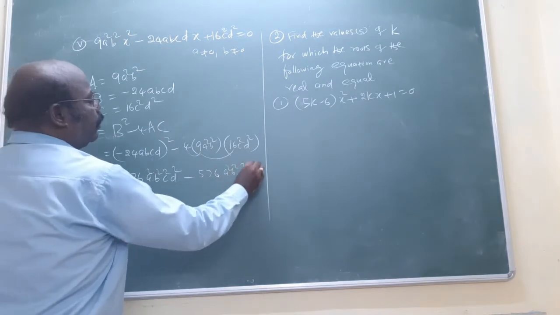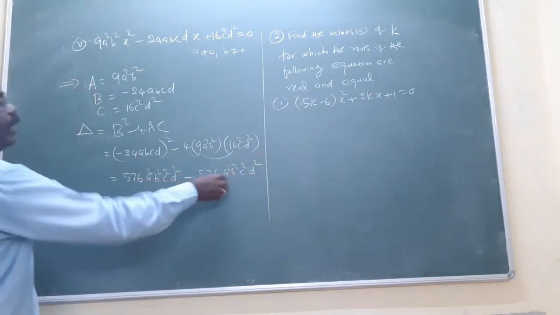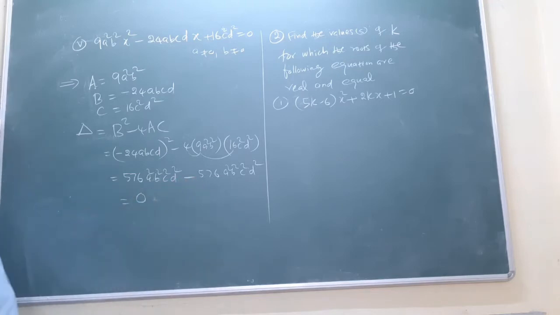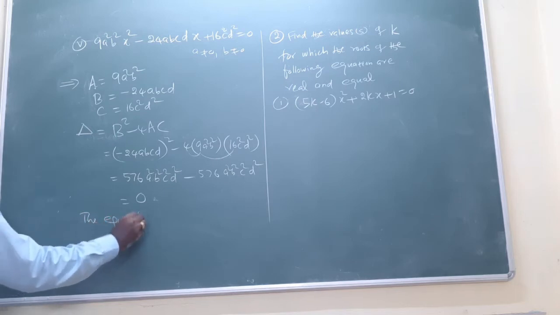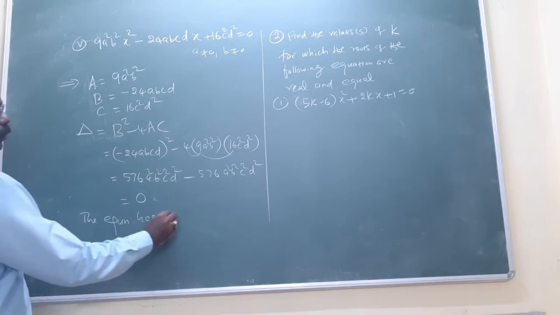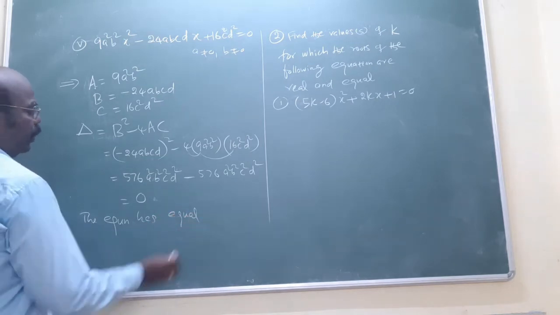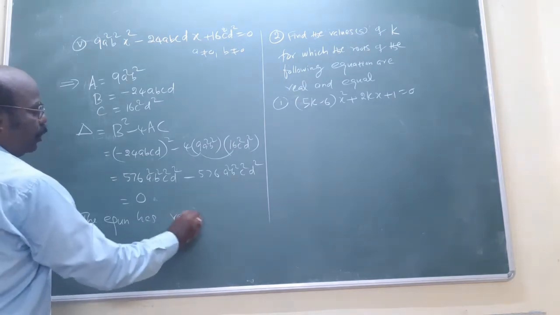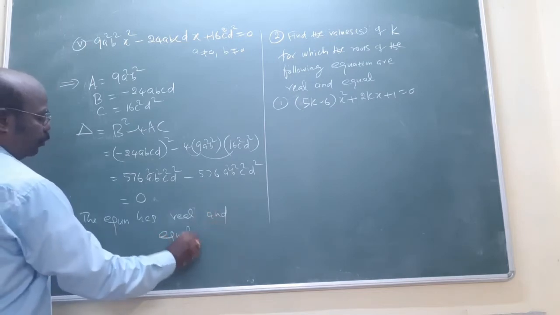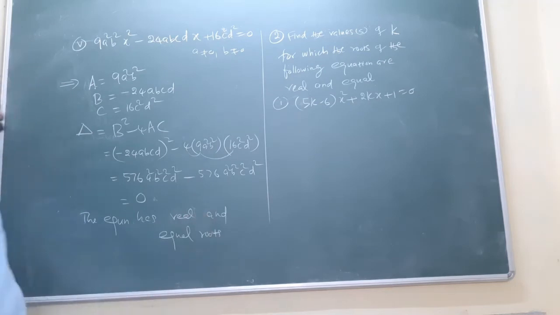By chance, both are equal. In between minus is there. That is 0. Therefore, the equation has equal roots. Real and equal. Am I right? Zero means real and equal.